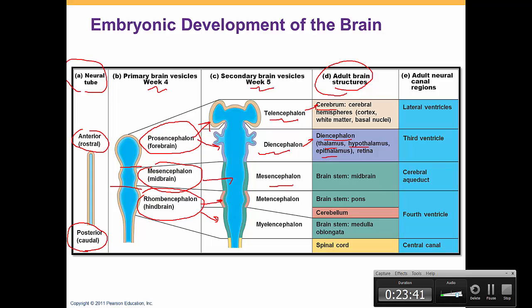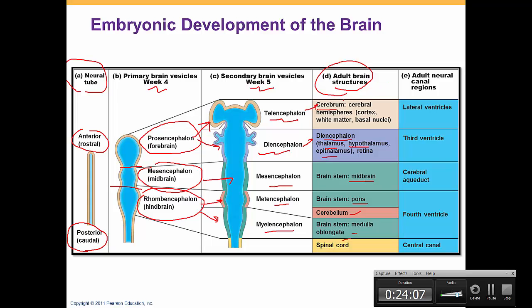The mesencephalon gives you one structure, which is the midbrain. Sorry, the metencephalon gives you the pons and part of the cerebellum. And the myelencephalon gives you the medulla oblongata.